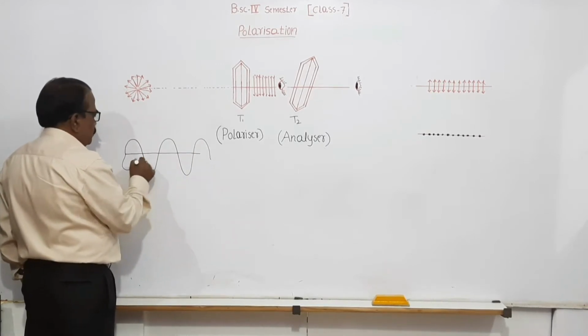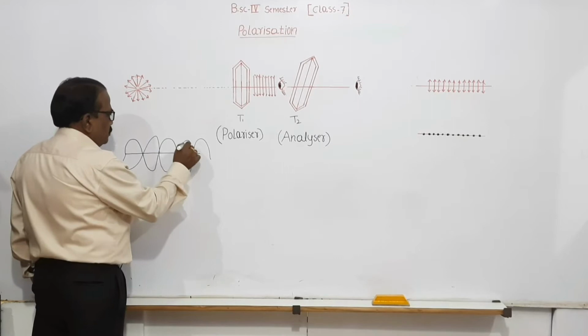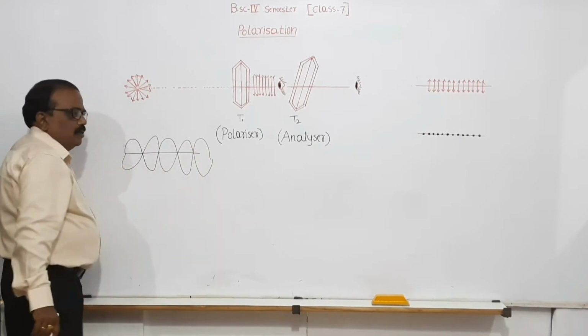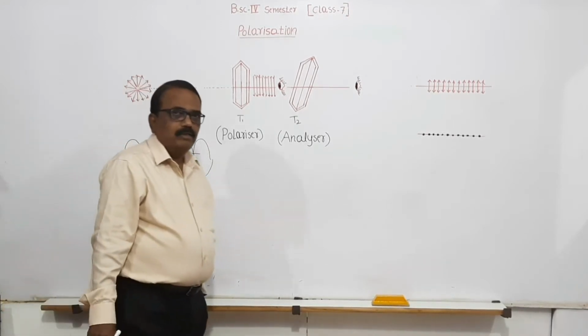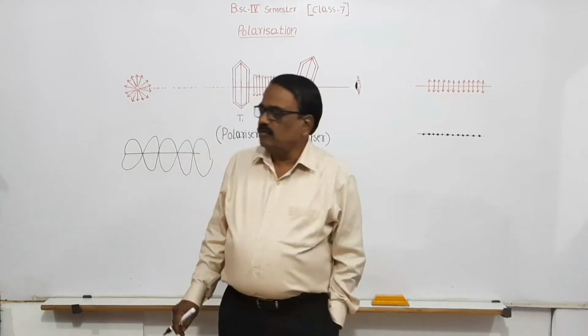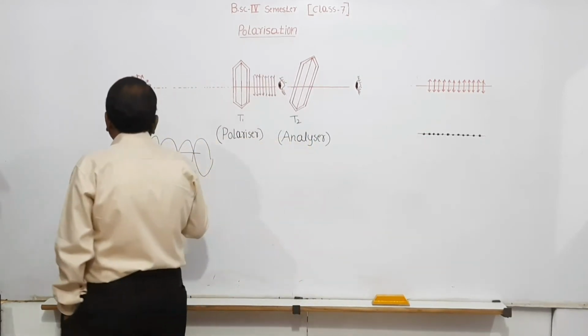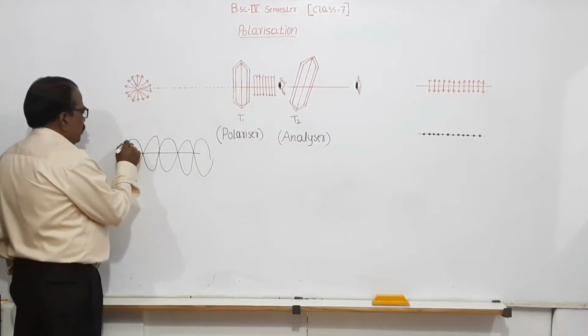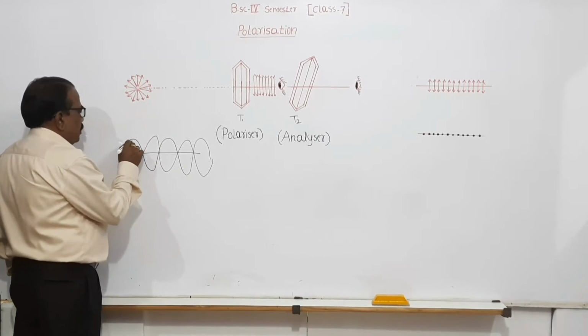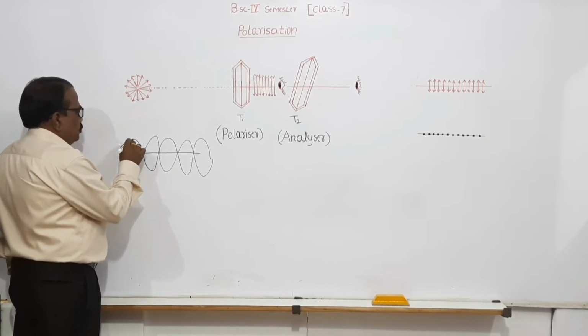In the light waves, electric and magnetic vectors vary sinusoidally such that their vibrations are perpendicular to each other.